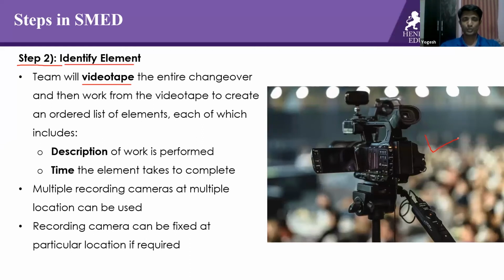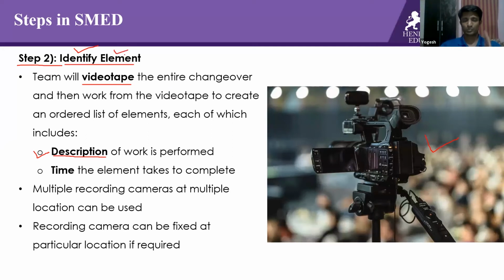That can be used to do the video recording of the entire changeover, and then that video recording can be used to identify these elements, right? Once this video recording is done, you need to find out two things from that recording. The very first is the description of the work that is performed, and that small work is considered an element.